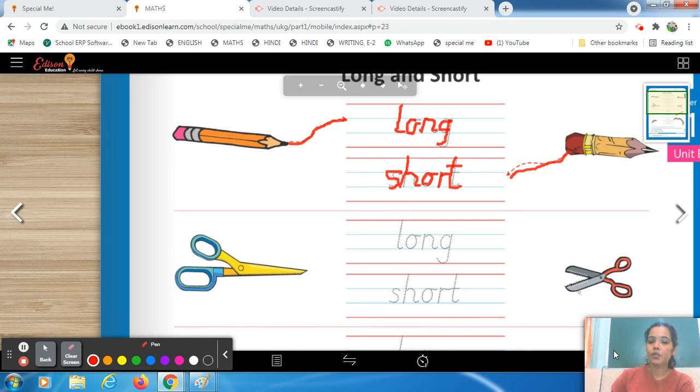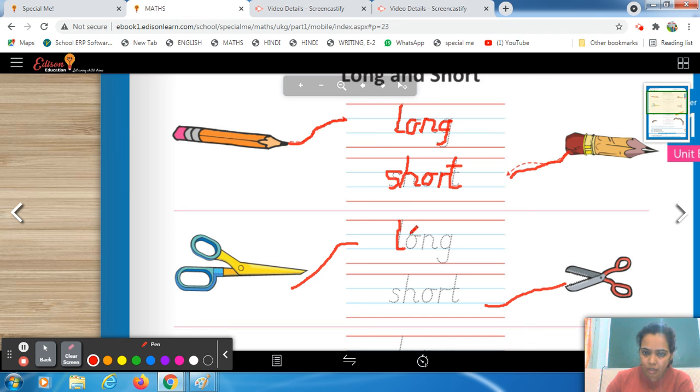Okay, now if you will see the next picture, students, this one is long scissor and this one is short scissor, है ना. Which one is long scissor, students, this one is long, तो आप इससे इसको मैच करोगे. And this scissor is short one, so आप short के साथ इसको मैच करोगे. Here you have to write the word.